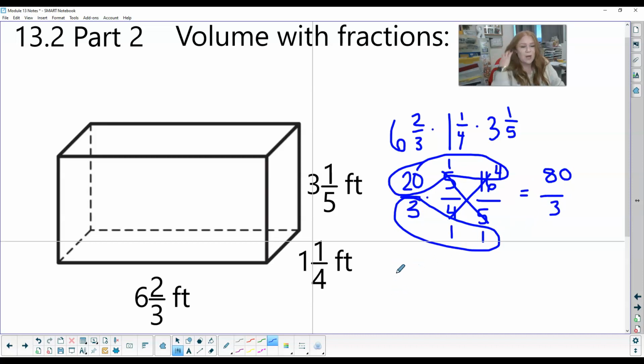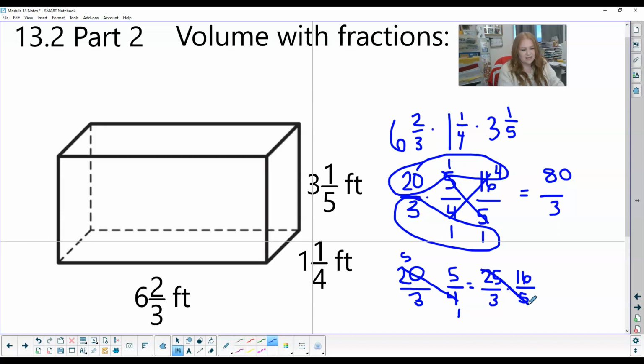Okay, so let's look at that another way. If I do 20 over 3 times 5 over 1, or sorry, that was a 4. I could have simplified this way: that goes in there 1 time, and 4 goes in there 5 times. I would have ended up with 25 over 3, and then I would have had to multiply that by 16 over 5.